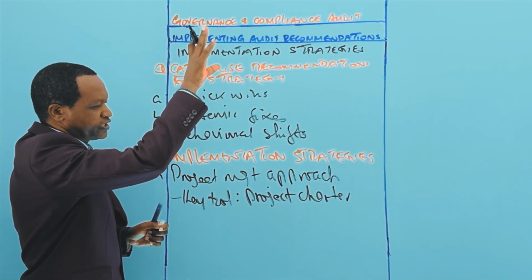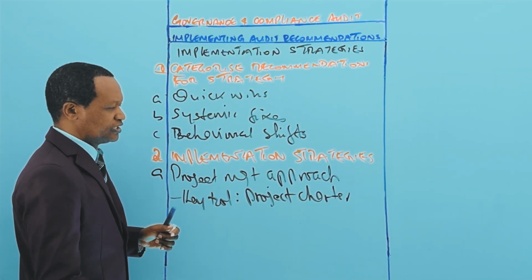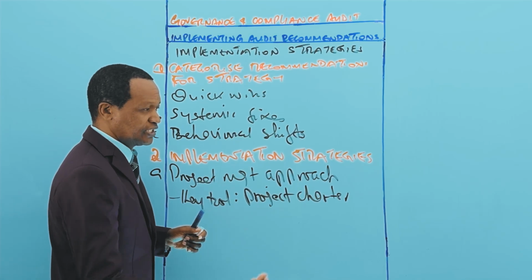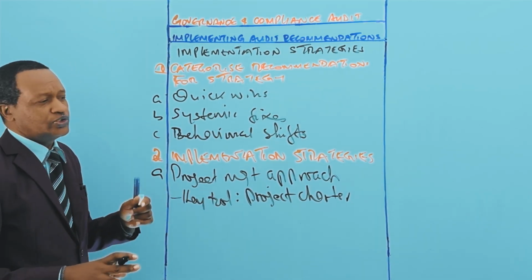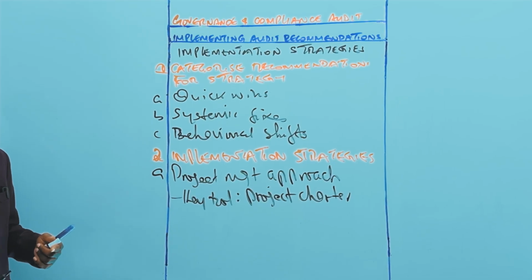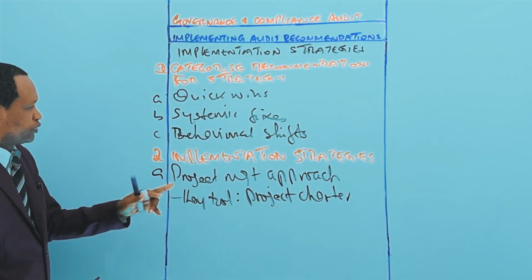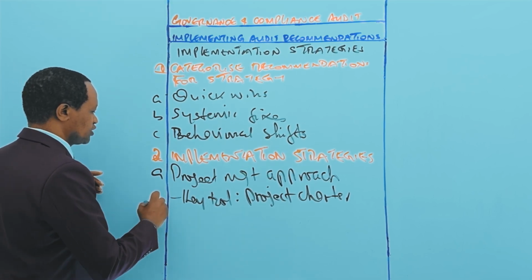You look at the auditor's recommendations, then you ensure that for each recommendation there is a budget, for each recommendation there is a timeline, and you also allocate resources to ensure that the recommendation is implemented effectively. That is one approach.